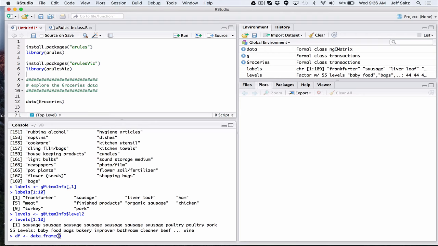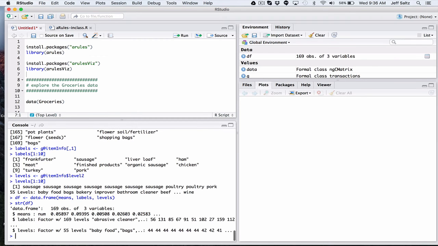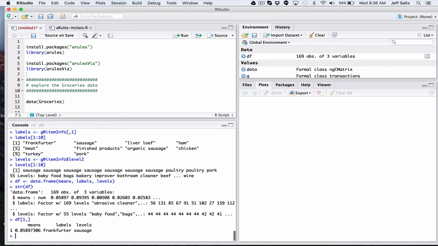So remember how we create a data frame: we have the means, we've got the labels, and we have the level of more detail, which I think I just called levels. There we go. And just take a look at what one of these looks like. Frankfurter was in about 5.8% of the baskets, with the name Frankfurter, and the higher level is sausage.